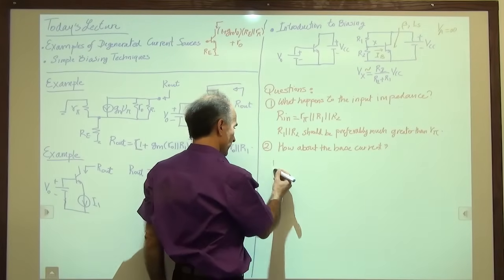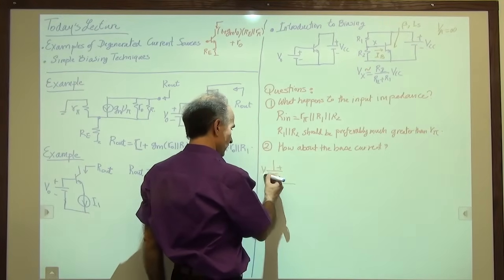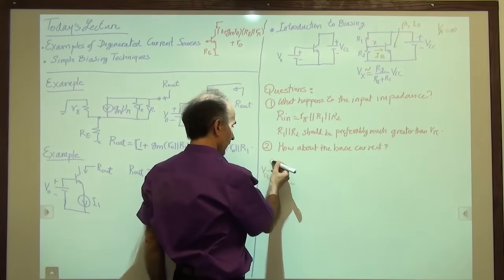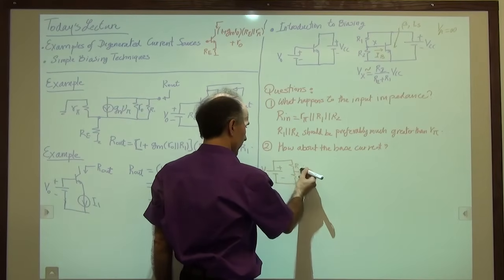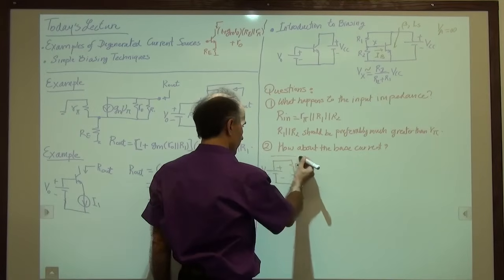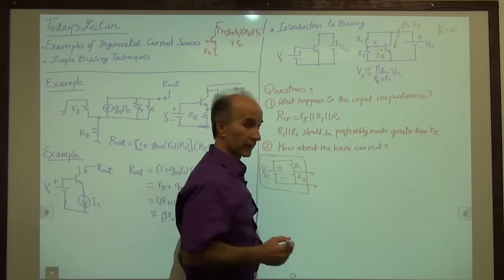So here's what we have. We have a battery, VCC, and then 2 resistors, R1 and R2, and put this in a box and construct a Thevenin equivalent for it.